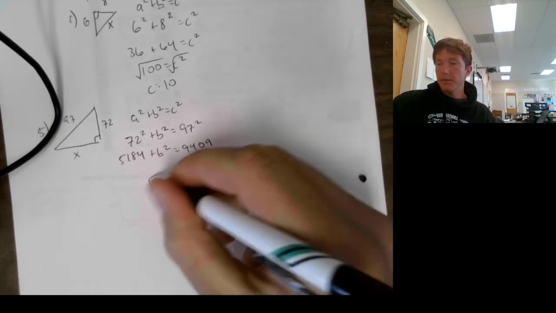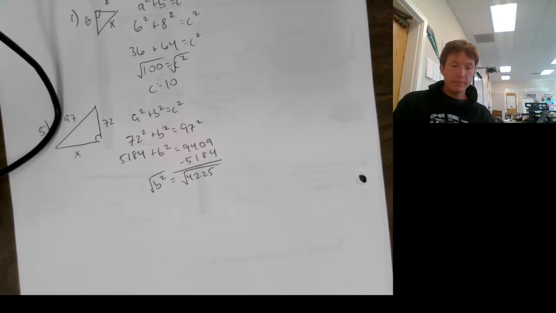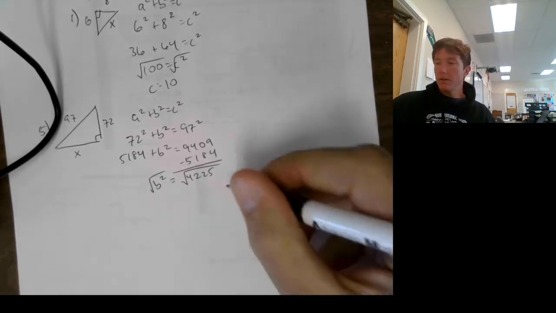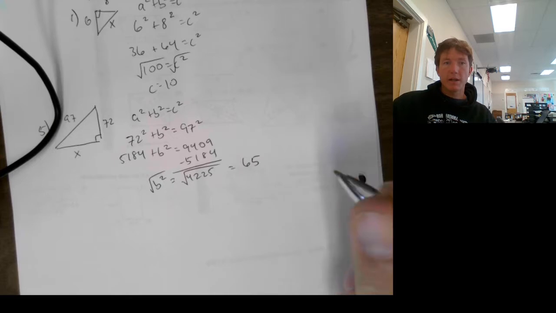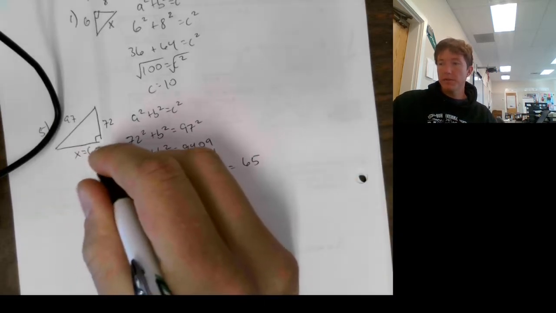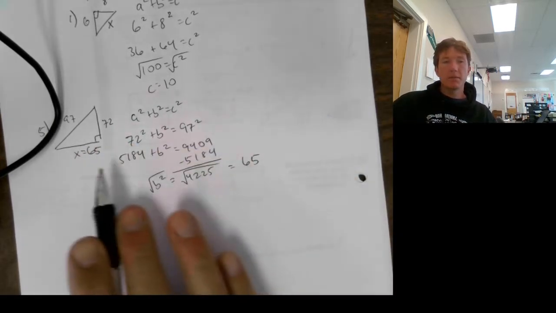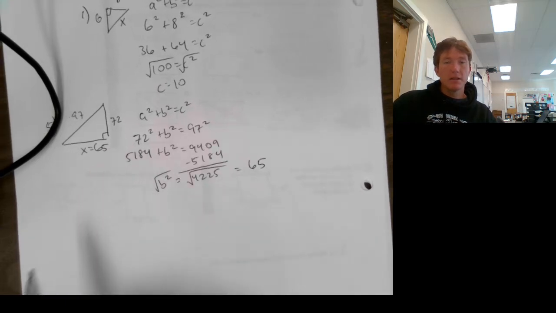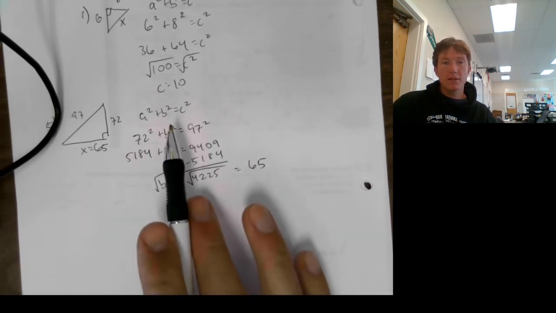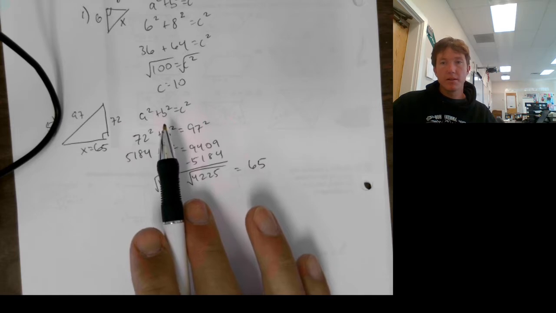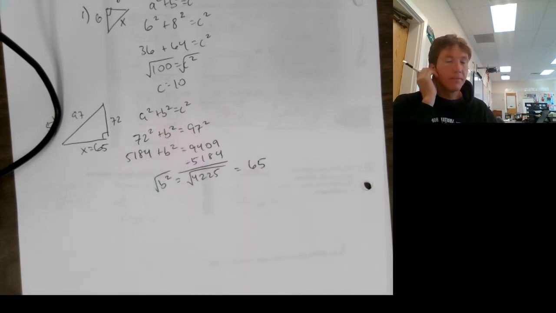And then I take the square root of each side. B is equal to 65. So x equals 65. Notice I called it b here, but I'm calling it x here. It's the same thing in this case. I'm just saying b because that's the letter used in the actual formula. Okay, but we are solving for x.